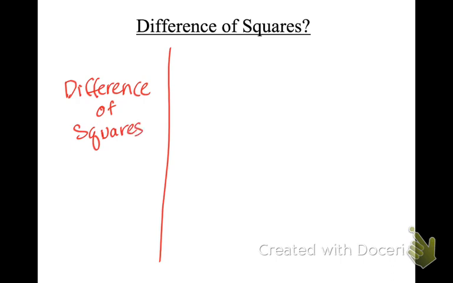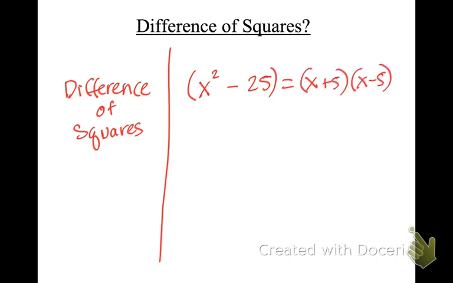And on the right side, you're going to write this, x squared minus 25 equals x plus 5 times x minus 5. And this is what we call a perfect square minus a perfect square.